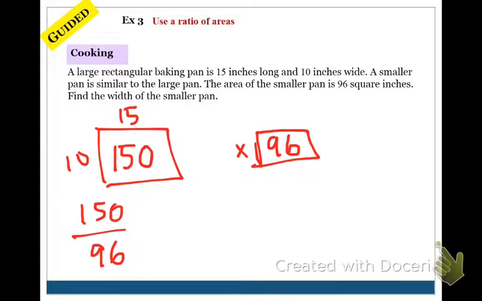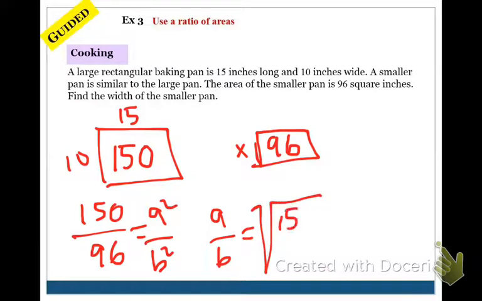This is the area ratio, but to find x we need to know the side ratio, right? So what could I do to the 150 over 96 to find the side ratio? If this is a squared to b squared, what would a to b be? The square root of 150 over 96.